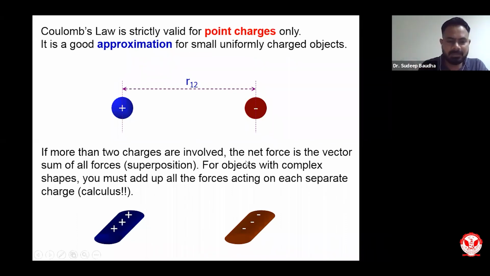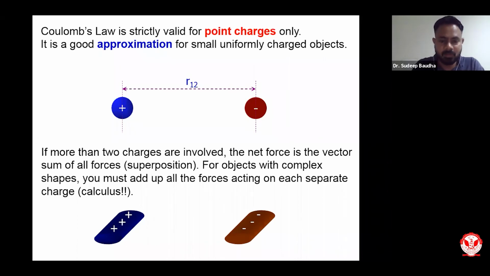Suppose I have two plates, then the individual effect should be studied. Suppose I have this plate with 3 charges, we call them 3 elements, and 3 elements over here. This particular thing should be discretized into small points, and then the individual force should be calculated. That is our requirement.